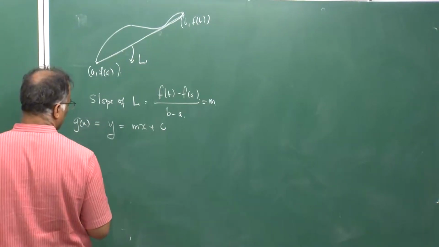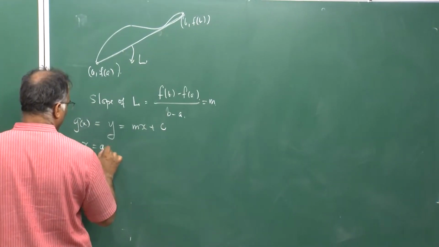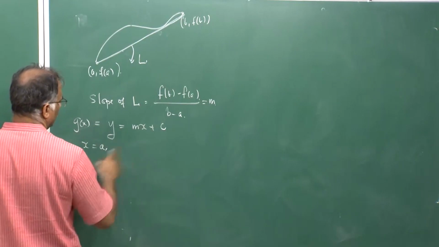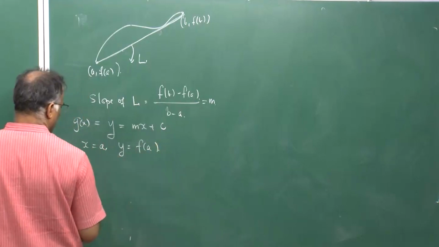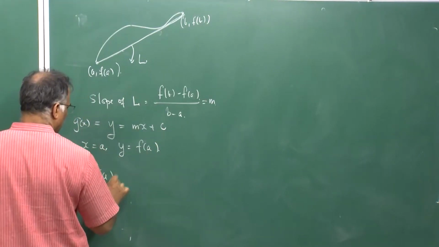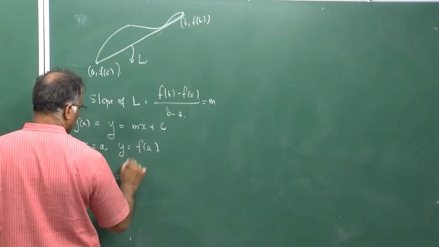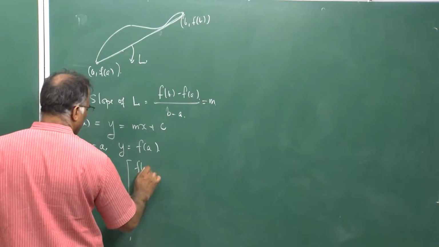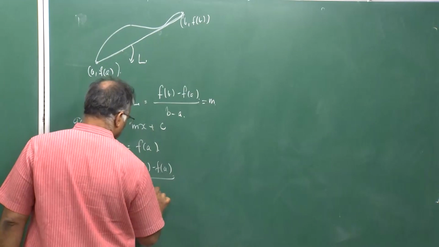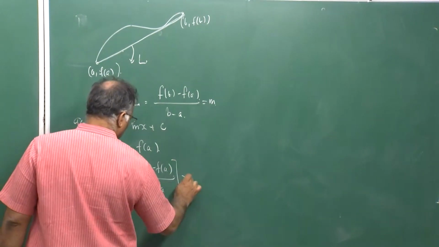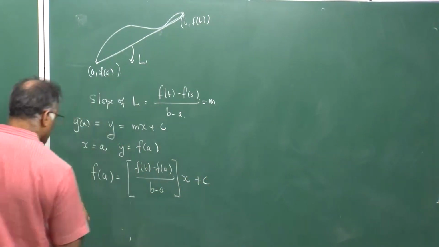So what happens when x is equal to a? Then y is equal to f(a). So f(a) is equal to, you already know the slope, which is (f(b) minus f(a)) by (b minus a), into a plus c. So what is c?